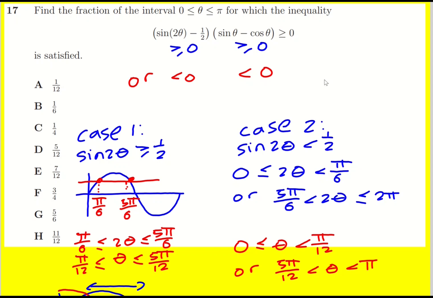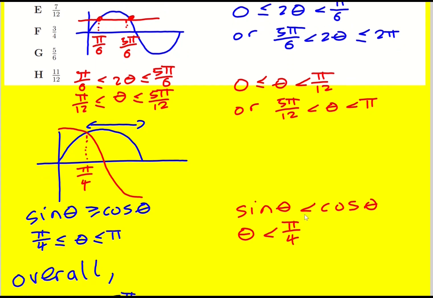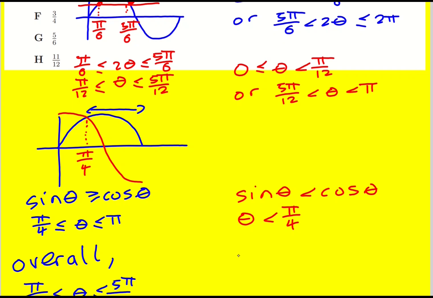Right, that is it for the first one. And then I need sine theta to be less than cos theta. We can again look at the graph, and that is actually only when theta is less than pi over 4. So that massively restricts things. By the way, pi over 4 is 3 pi over 12.